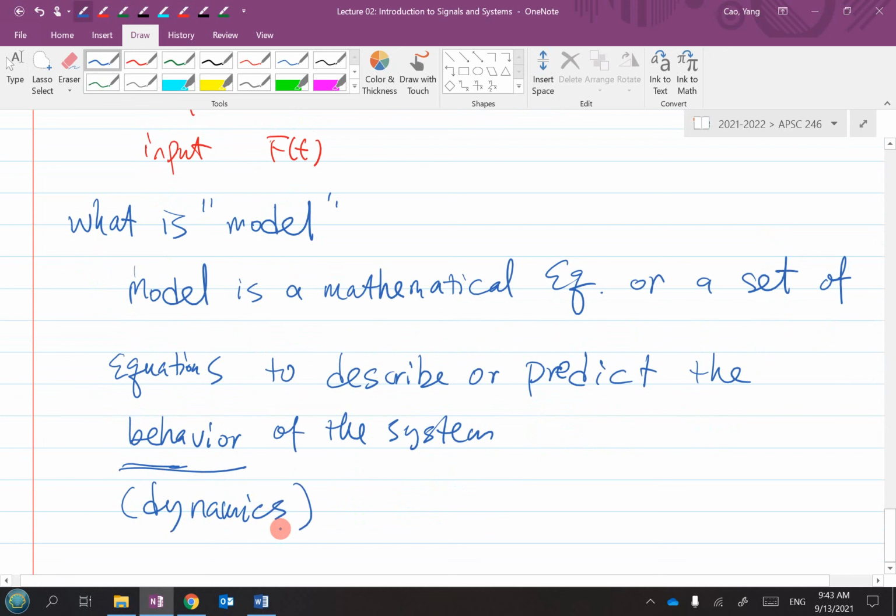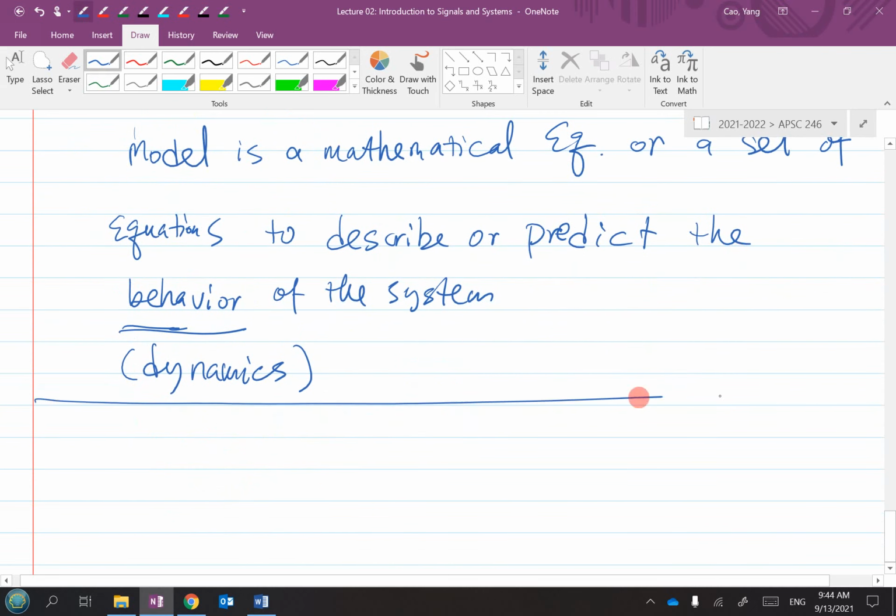You have heard statics and dynamics. Behavior is not static. Behavior is a constantly changing quantity, and that gives you the so-called dynamics. That's actually part of the keywords in the course name, system dynamics, or system behavior.